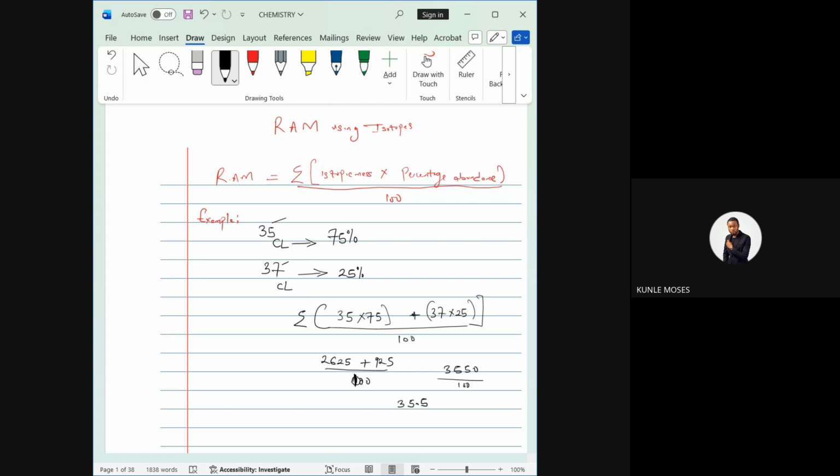They can ask you to find the relative atomic mass, considering the percentage abundance of that element to be this and this. So they expect you to find the relative atomic mass by using this formula. It's very simple. Just multiply your isotopic mass by your percentage abundance, and you add it together.